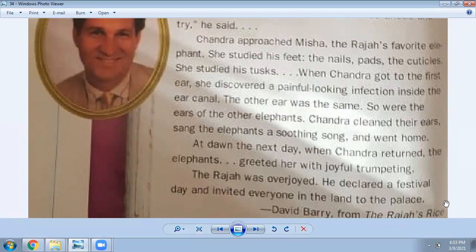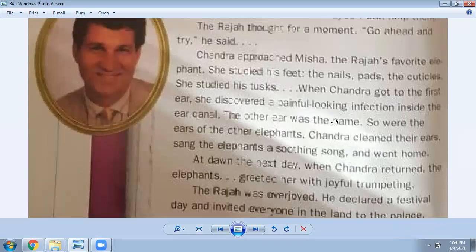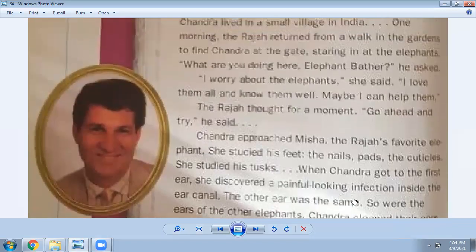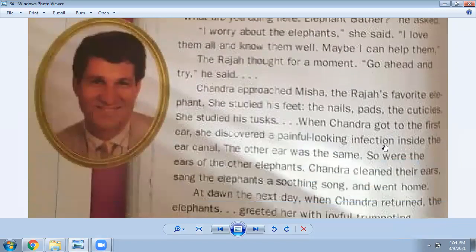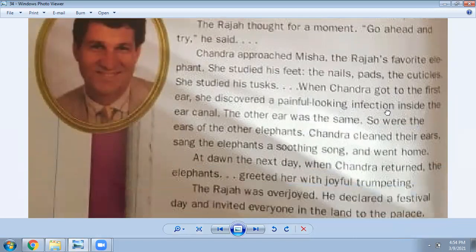Okay, so this is from a book called The Rajah's Rice, and it is part of a story about the elephants that are in the book. It tells us about how the girl is looking in at the elephants and she offers to help them because she's worried about them. She cleans their ears and fixes the infection that they have in their ear, making them feel better.